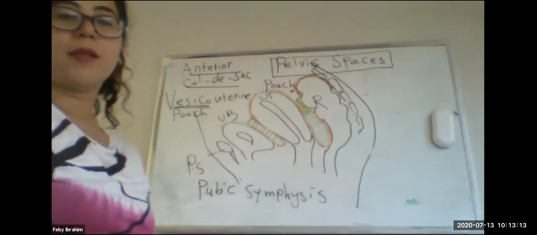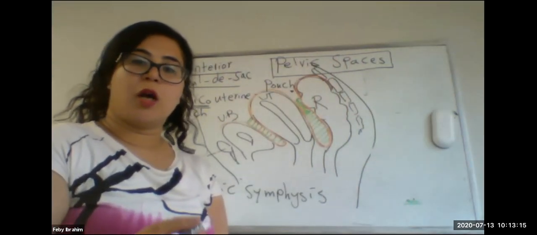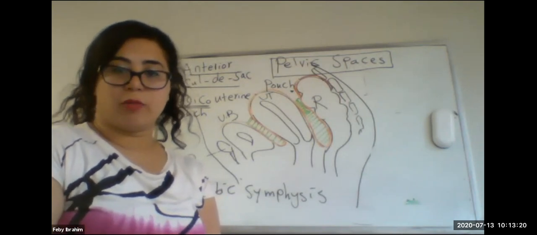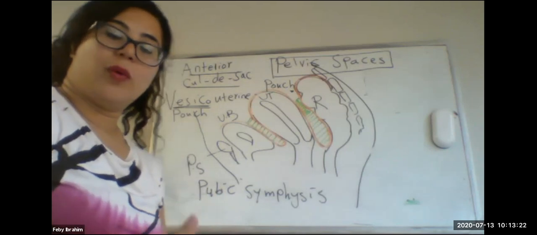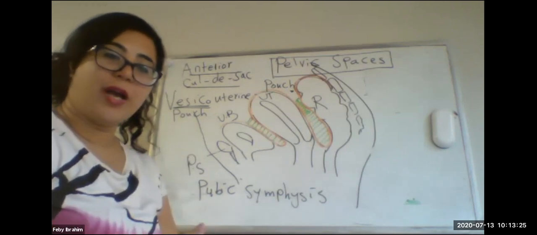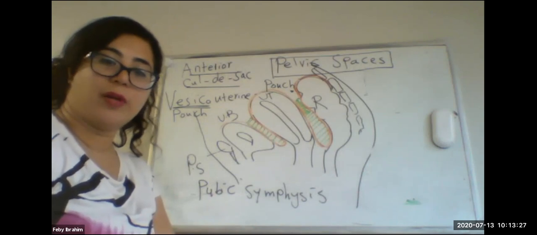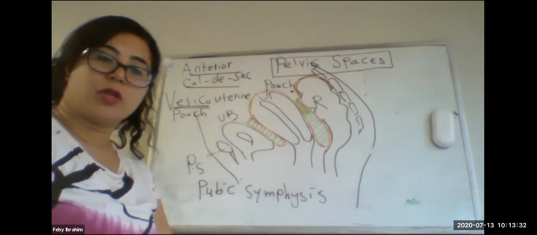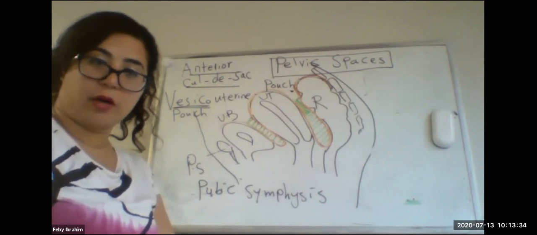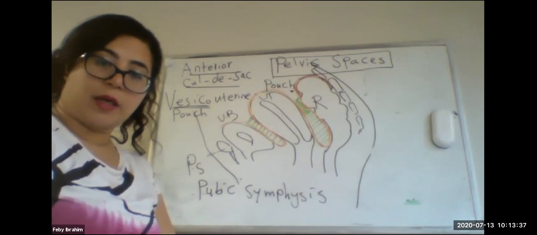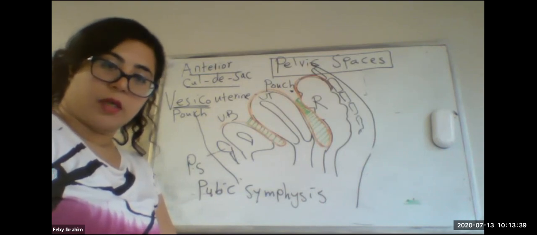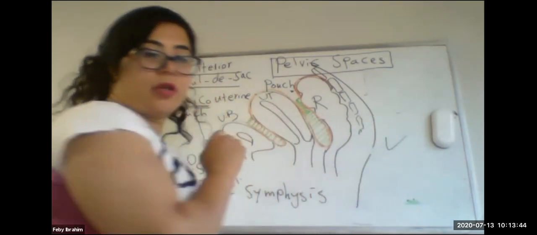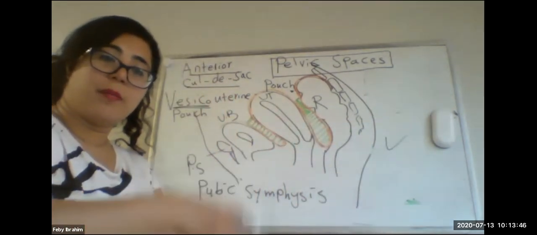Again, remember, pelvic spaces are potential sites for fluid accumulation. Okay, what do you think? If we have fluid, it will be accumulated first in which space? The posterior cul-de-sac or the anterior cul-de-sac? Think about it. It will be the posterior cul-de-sac, because this is the dependent part.